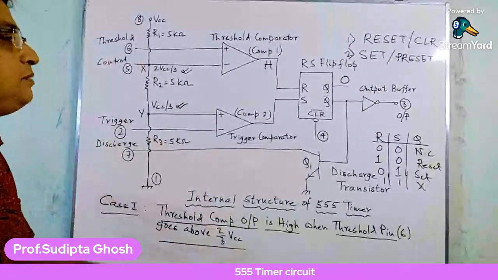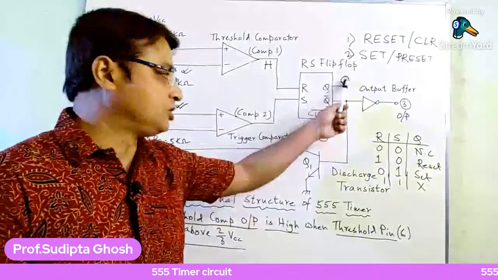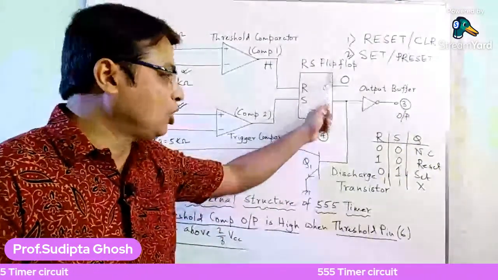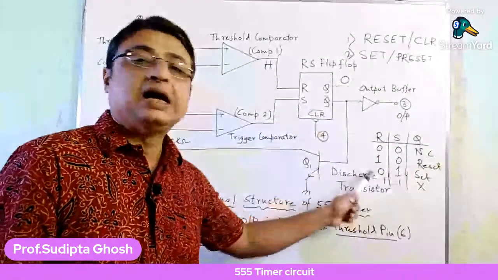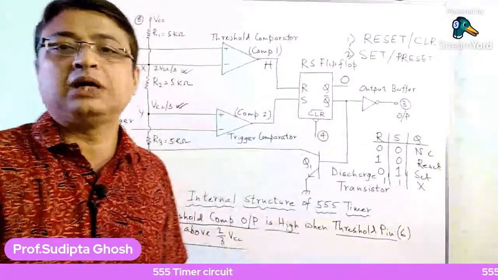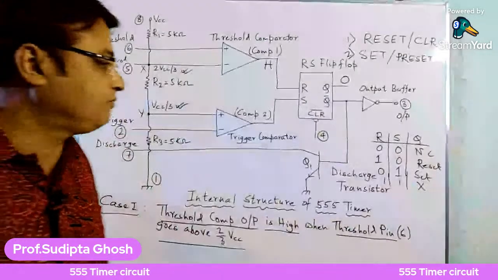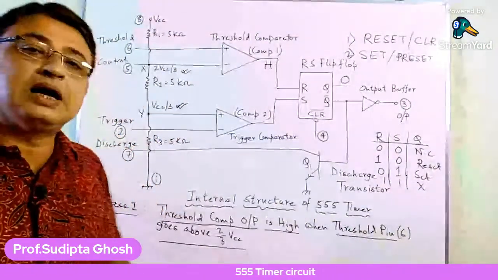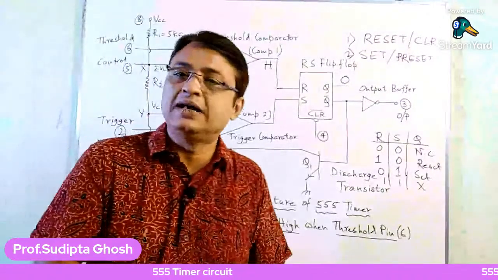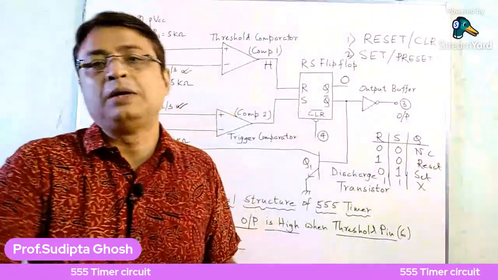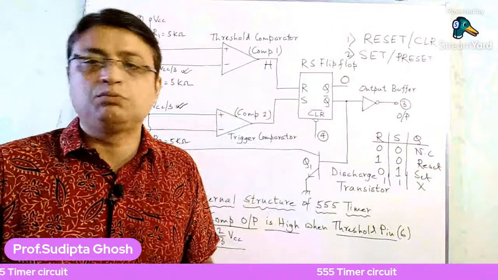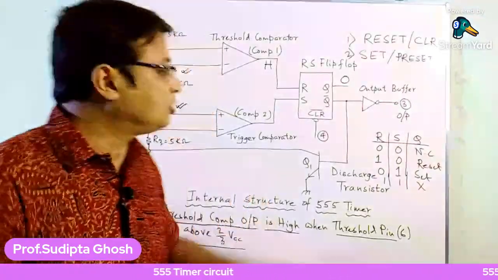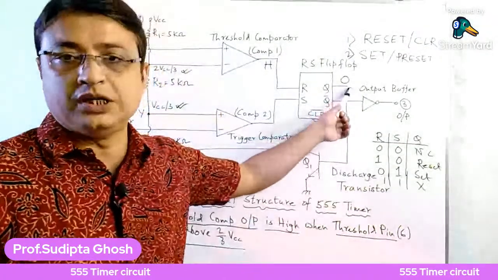Now, why is the Q output low? It is low because it is an RS flip-flop, and from the truth table of the SR flip-flop we have already arrived that when the reset input of an RS flip-flop is high, the Q output of the flip-flop will be reset, or low. So that's why this Q output is low.